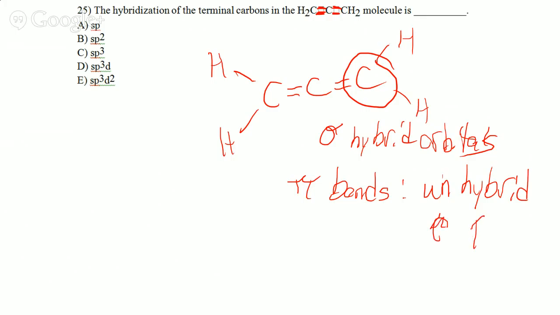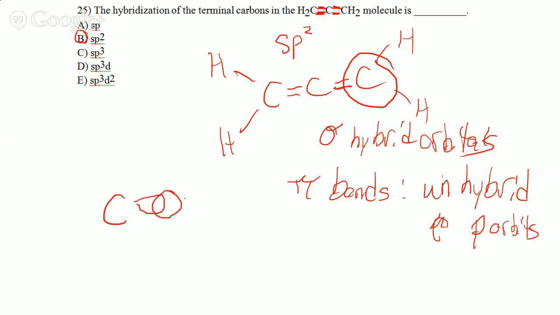That's not how you draw p orbitals. So for every domain that we got, we need a hybrid orbital. So we got 3 domains, so it's going to have to be sp2 hybridization, which is going to be choice B.